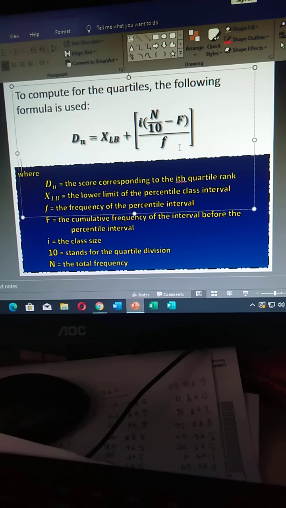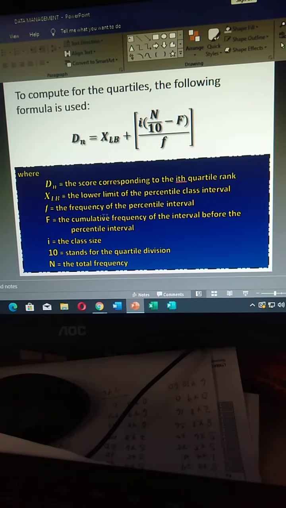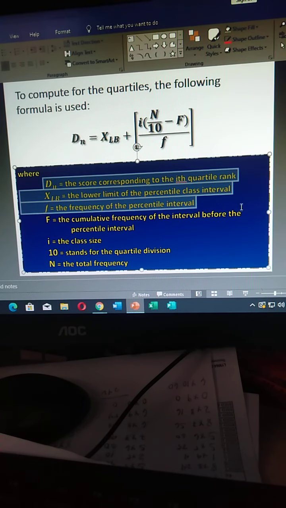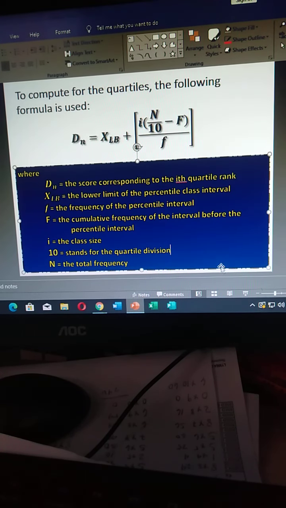Okay, so gamitin na lang natin yung percentile formula, but ang pinapakita ko lang dito is yung formula ng decile. Okay, pag decile over 10, pag quartile over 4. At ito naman po yung mga definitions per yung mga symbols na nandiyan.